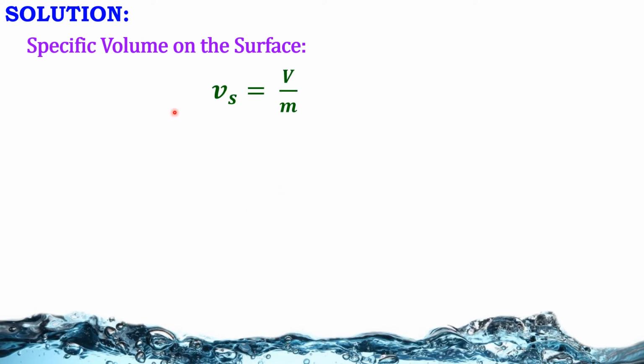Solution. First, we are going to calculate specific volume at the surface. We know that specific volume at the surface is equal to volume by mass, whereas we don't have the volume and mass data. We look for another formula, that is 1 by density. Here, the density of the liquid is also not available. Therefore, we use another formula, where specific weight is equal to rho into g.